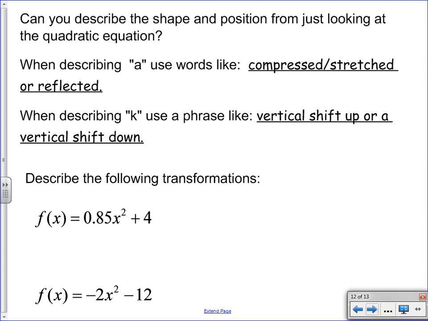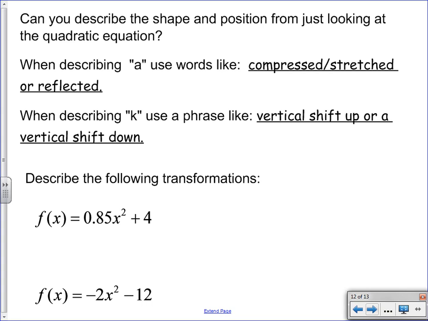Okay. So, as kind of a summary, we're just going to go over this last part here. Can you describe the shape and position from just looking at the quadratic? When describing A, so A is the number in front of x squared, use words like compressed.